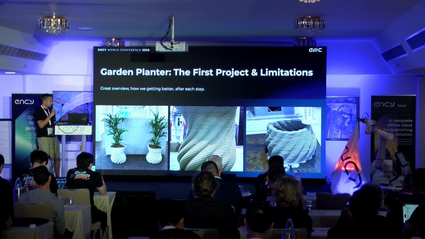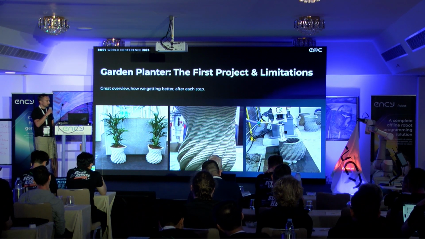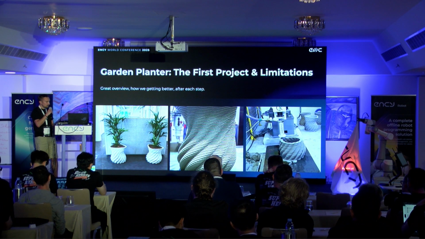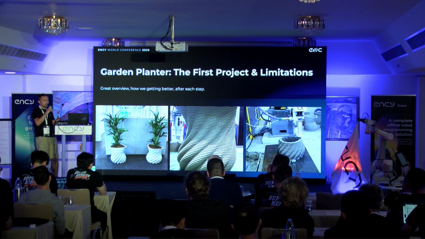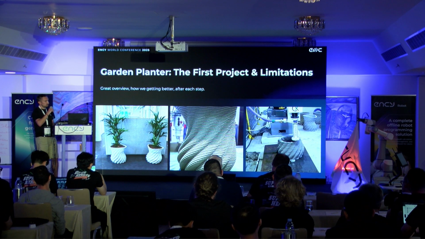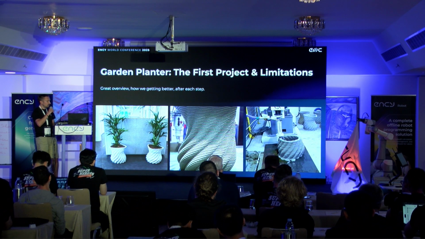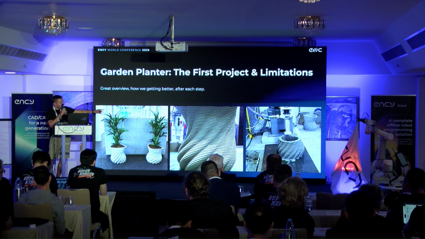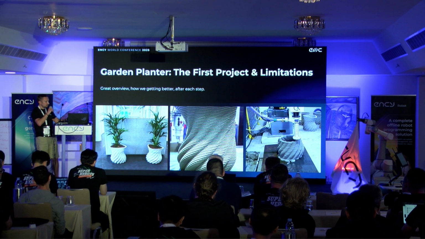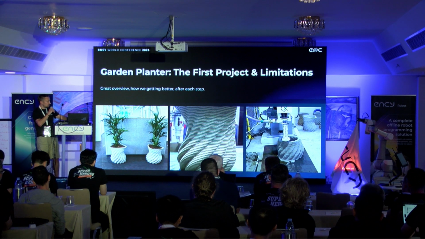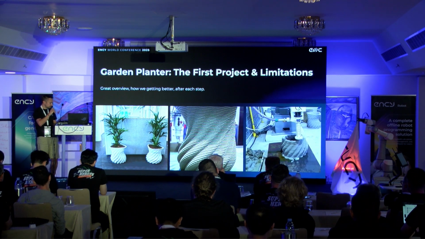I will show you some video, and you can see the first picture, which shows the first case when we had only started and everything was not so good, and you can see when we found the right solution how it looks much better.